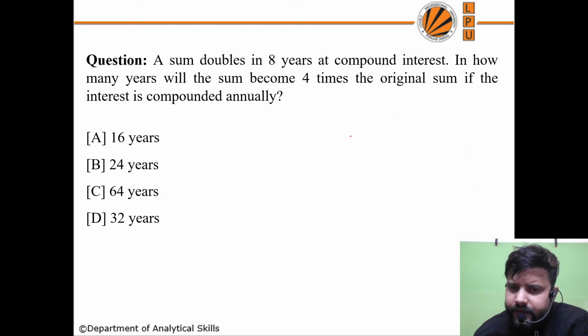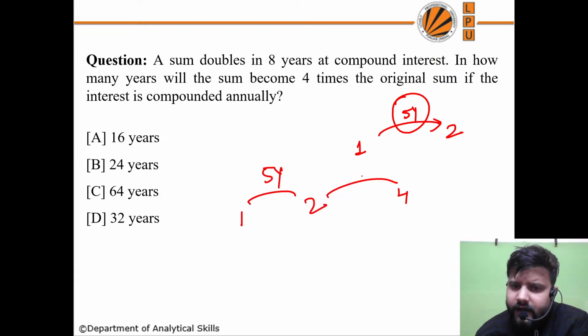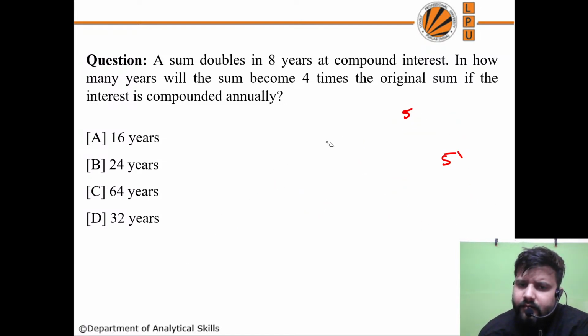If CI becomes double in 5 years, it tells you that after every 5 years it will be doubled. It means 1 to 2 it will become in 5 years and again it will double. It means it will become 4 times in 10 years, and again 2 times of it, which is 8, in 15 years. That's how CI behaves. Now let's apply this concept in the question.